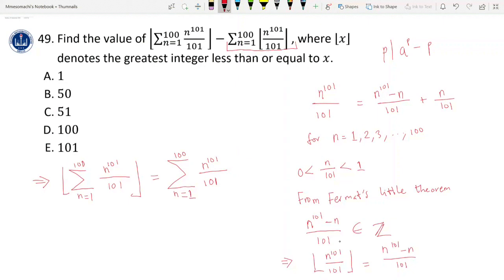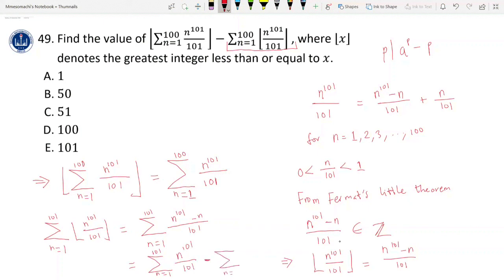So what do we have? We have the summation from n equals 1 to 101 of the floor of n to the power 101 over 101, which is equal to the summation from n equals 1 to 101 of n to the power 101 minus n over 101, which is equal to the summation from n equals 1 to 101 of n to the power 101 over 101, minus the summation from n equals 1 to 101 of n over 101.